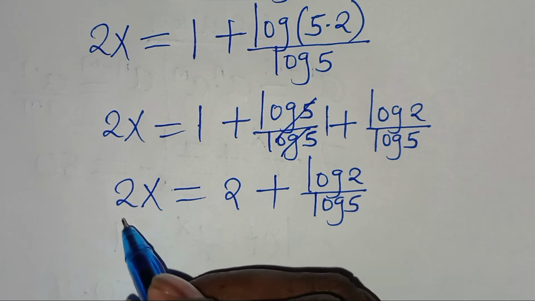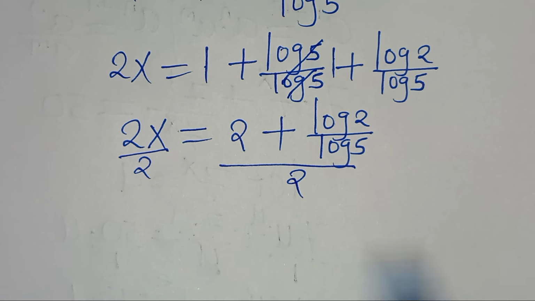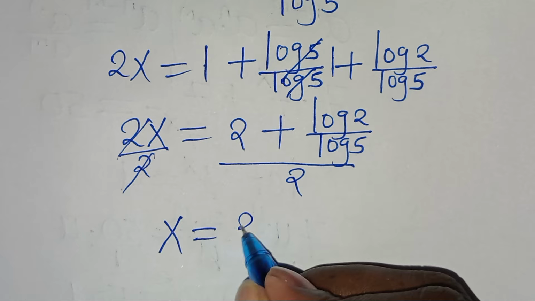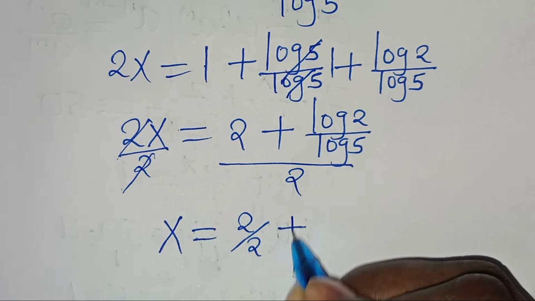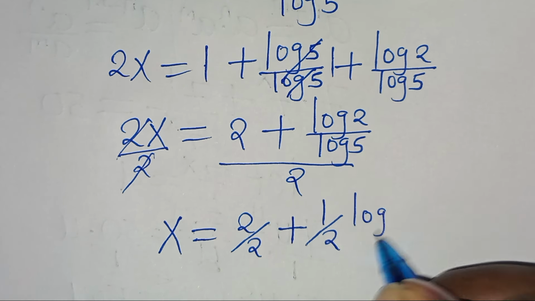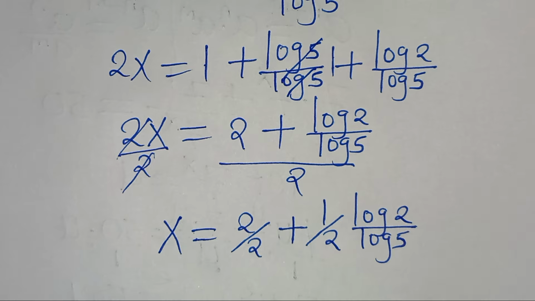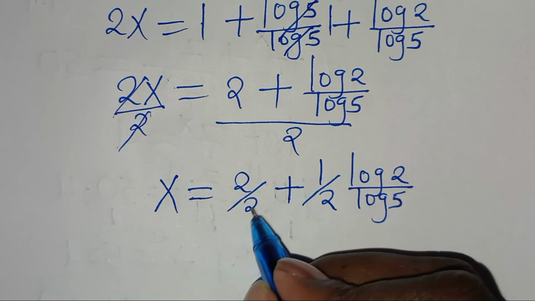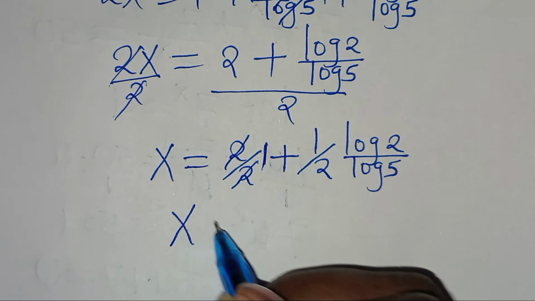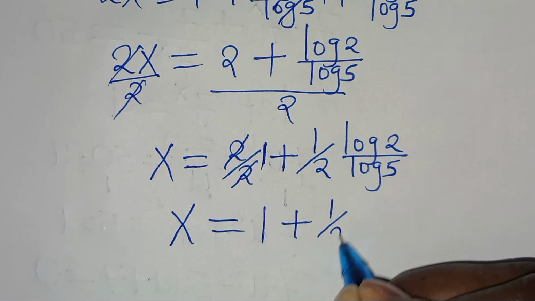So let's divide both sides by 2 so that now here we have x is equal to 2 over 2, then plus a half log 2 divided by log 5. So 2 and 2 here simplify, so we have 1, so that now the value of x is equal to 1 plus a half.